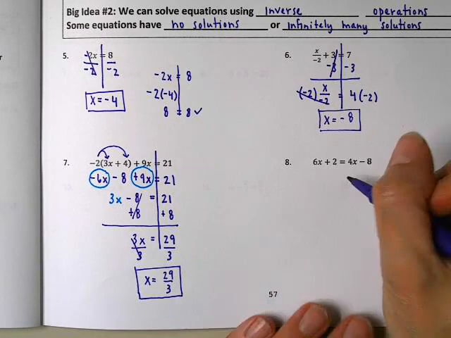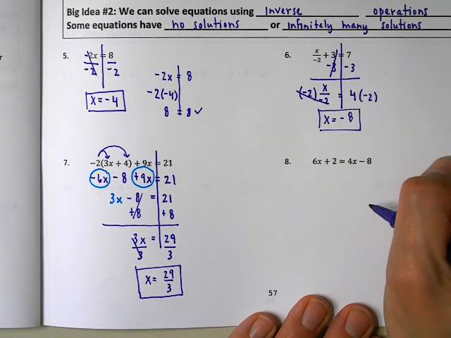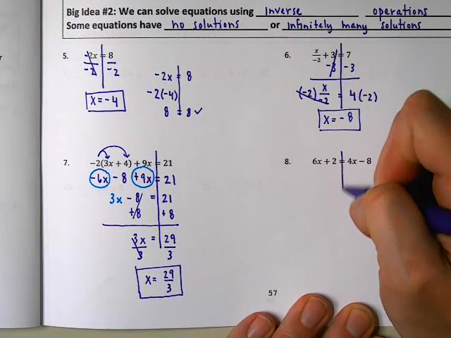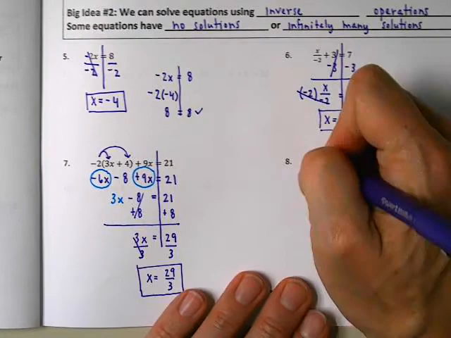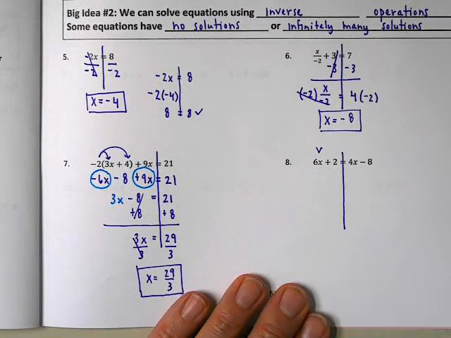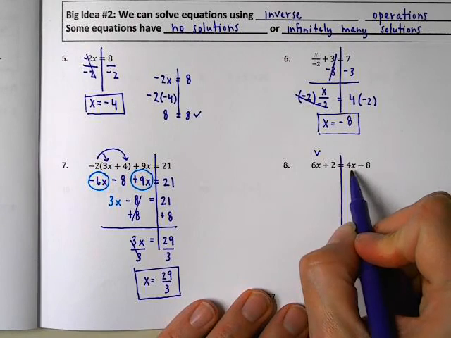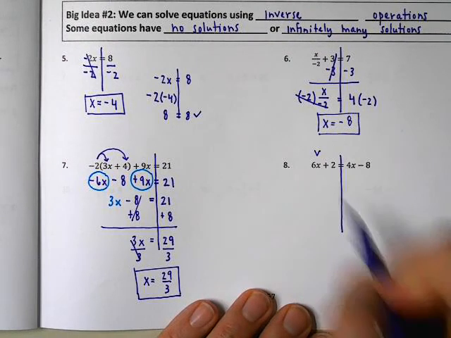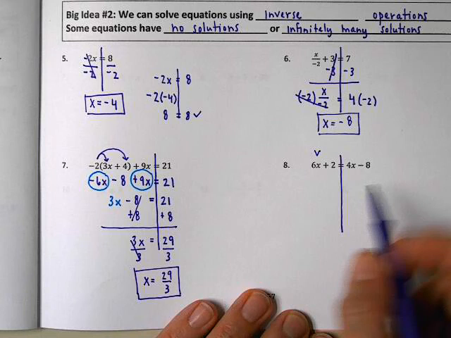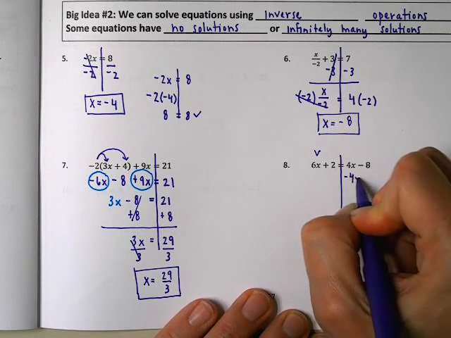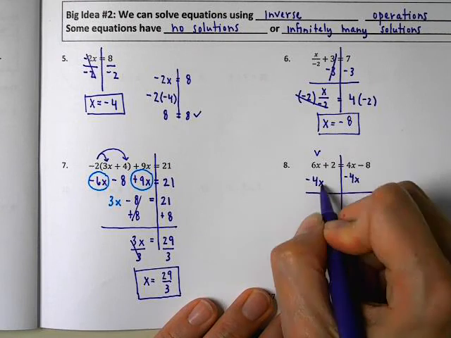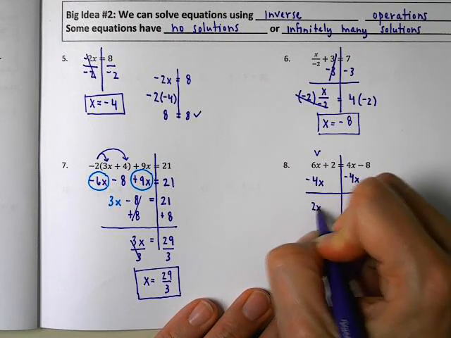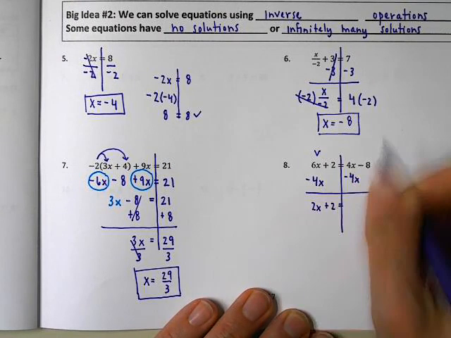All right, last but not least is our variables on both sides. Now, it does not matter which side you move the variable to. I generally like to move my variable to the left, and that means that this 4x needs to get moved over. Since this is a positive 4x, I'm going to subtract 4x from both sides. So 6x minus 4x leaves me with 2x plus 2.